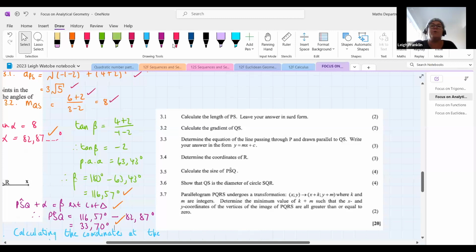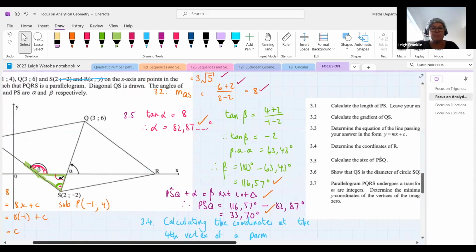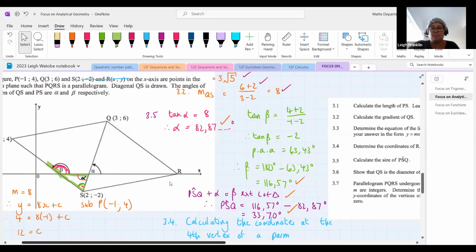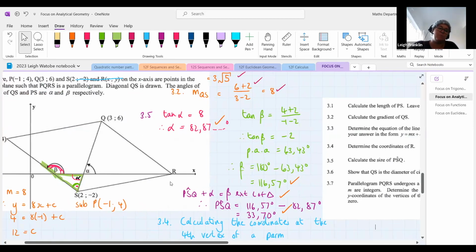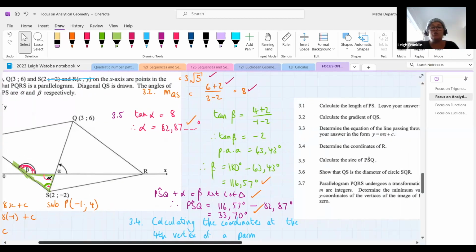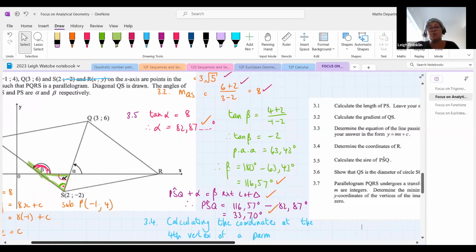Lebogang, you got your hand up? Ma'am, can you please go back to the diagram? With pleasure. Ma'am, if there was a circle around the parallelogram, wouldn't you use equal radii to prove that it's a diameter? Okay, so it's not around the parallelogram, it's around SQR, so it's around this triangle over here.